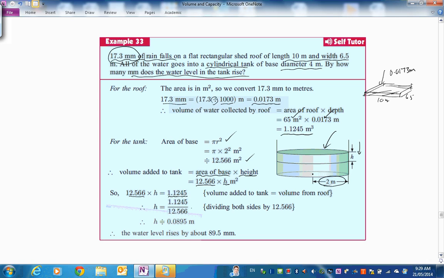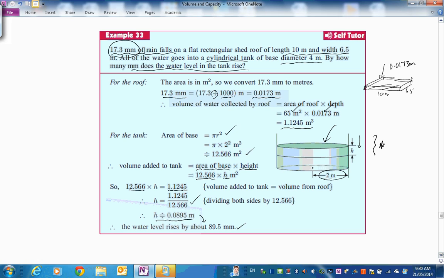If we divide by 12.566, everything's in metres, we get approximately 0.0895 metres. And if you want to change that to millimetres of height rise in your tank, then you multiply by 1,000, because this is bigs going to smalls, and a millimetre is a 1,000th of a metre, so it's 89.5 millimetres. That's useful if you're on the land, and particularly to know whether your tank can hold that and so on.